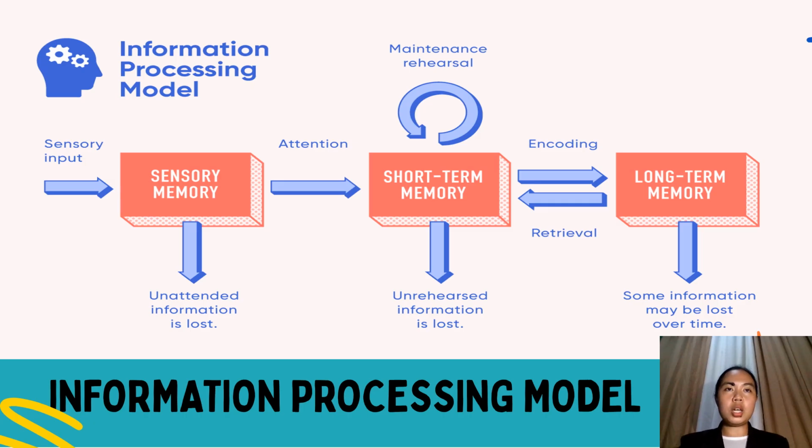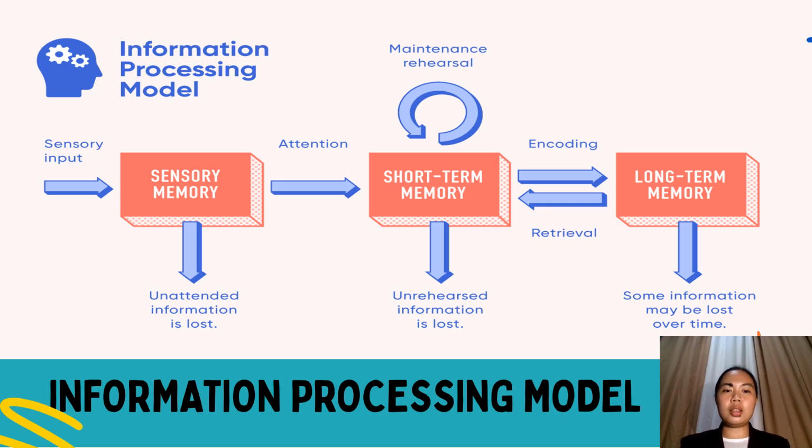The second one is attention. Attention is selective, focusing on specific sensory inputs, so transferring relevant information to short-term memory for further processing. And also, we have short-term memory, also known as working memory. So it temporarily holds the processed information.